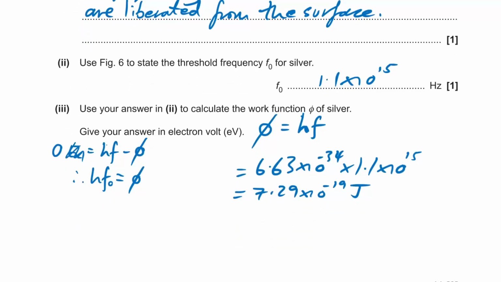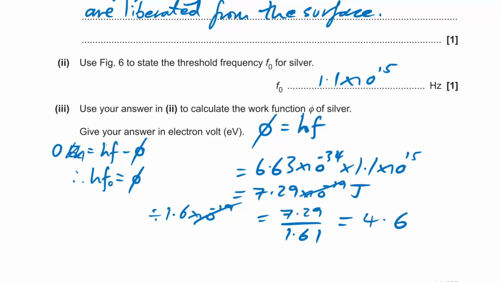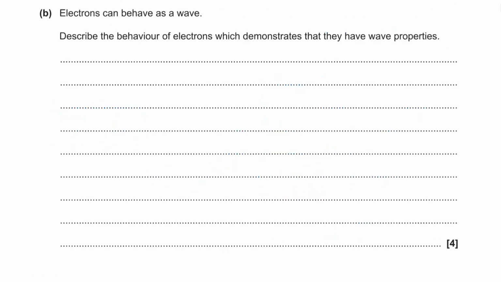We want a smaller number because electron volts are small, we need more of them. So we're going to divide by 1.6 times 10 to the minus 19. So actually we can just do 7.29 divided by 1.6. And that gives us, to 2 sig figs, 4.6 electron volts.